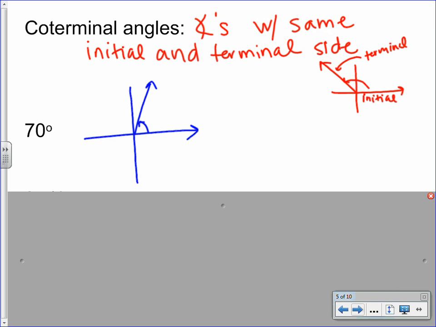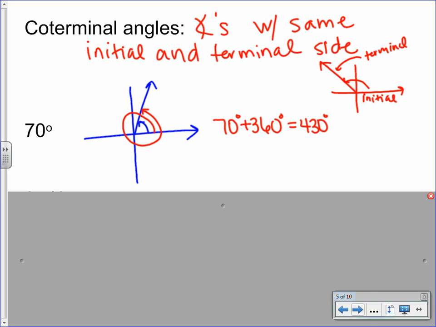Okay. I heard two different answers. So I'm going to go with Michaela first. What did you say? And how did you get 430? Okay, if we take 70 degrees and we add 360, so we rotate 70 degrees and then we rotate 360 more, we're at the same spot. So 430, yes, would be a coterminal angle.